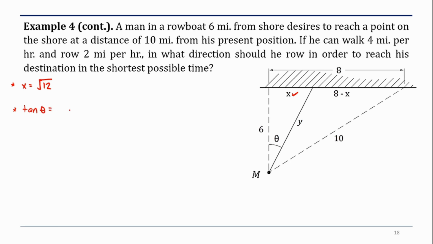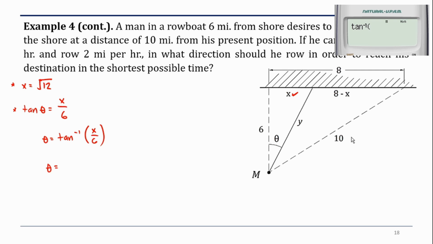Tangent theta is equal to opposite over adjacent, di ba? So, x over adjacent side na 6. So, theta now is equal to inverse tan x over 6. So, substitute lang natin sa calculator natin yung x. So, square root of 12 over 6. Okay.